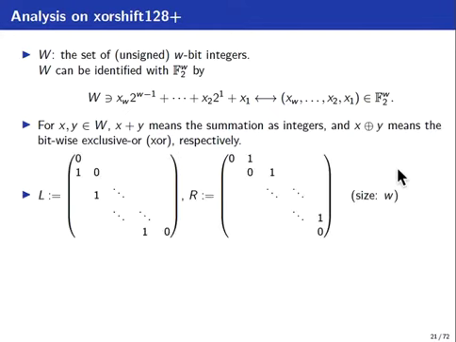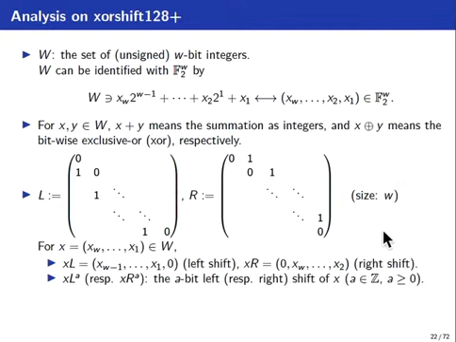L and R are the matrices of size w defined in this way. Multiplying by L means a 1-bit left shift, and multiplying by R means a 1-bit right shift. We may repeat a times, and I is the identity matrix.